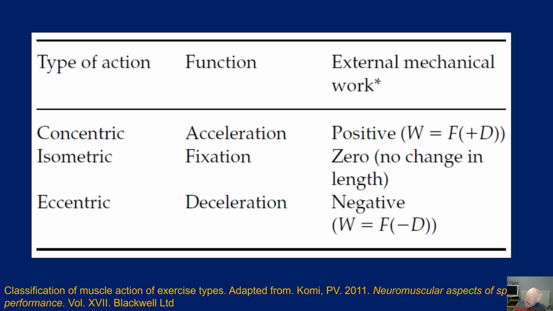We have a deceleration as we hit the ground, and then as we start to drive off, it becomes concentric. But in the middle of that, we've got an isometric phase. There is actually a point in that action where there is neither a deceleration nor an acceleration. Very short period of time, but it is an isometric phase.